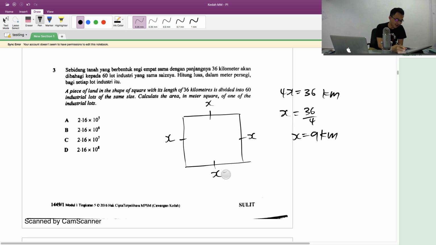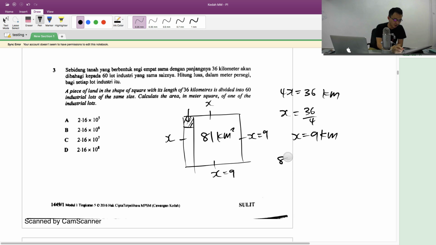If x equals 9, my area is 9 multiplied by 9, which is 81 kilometer square. So I will divide the 81 kilometer square into 60 slots. The question asks what is the size of one slot.